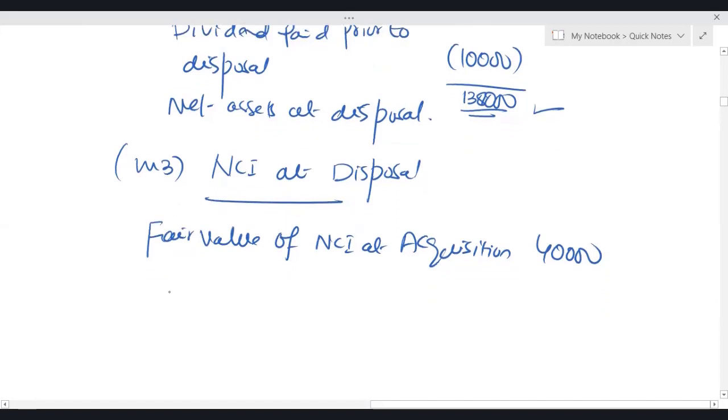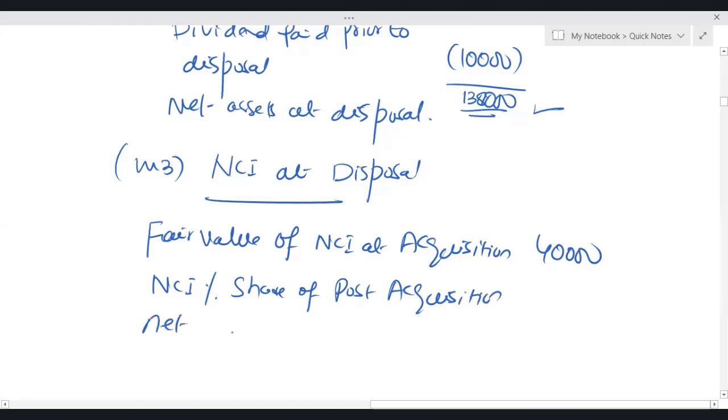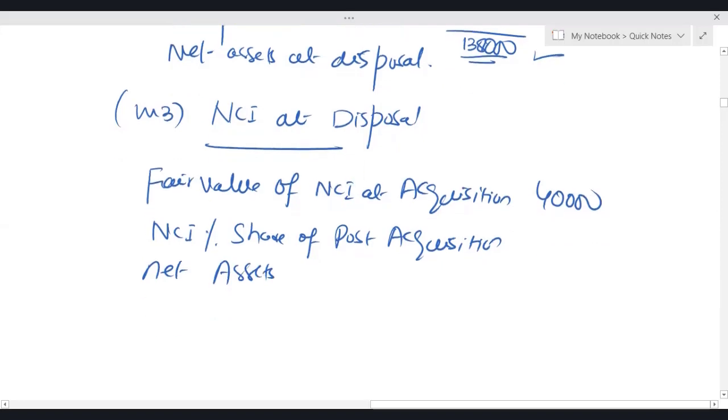So simply add NCI share of post-acquisition net assets. We have calculated the net assets at disposal, 1,38,000.